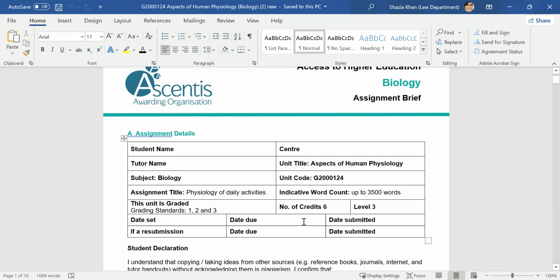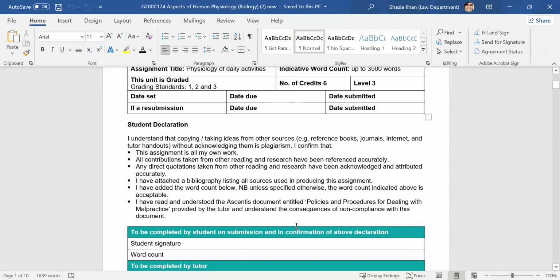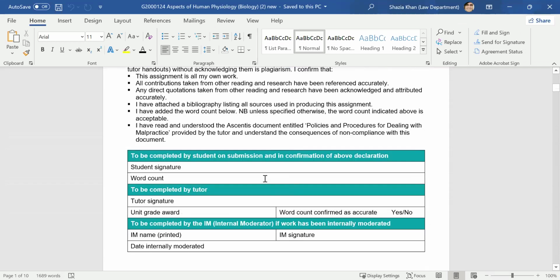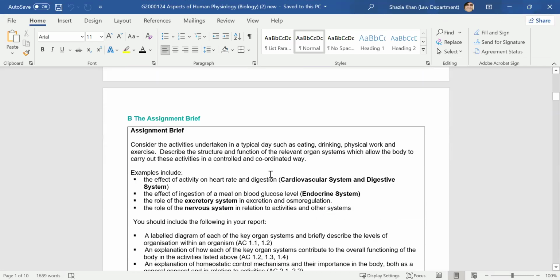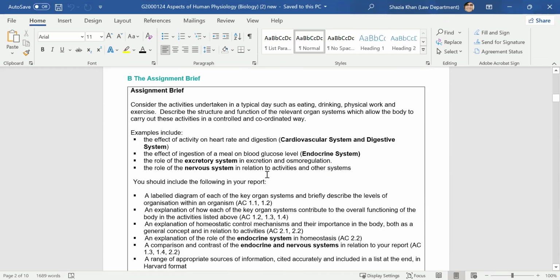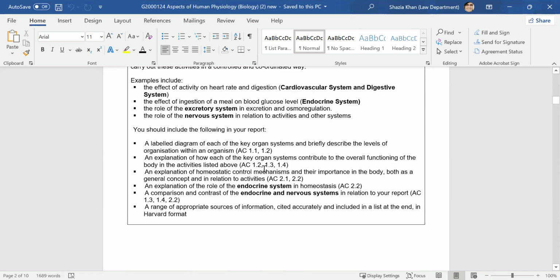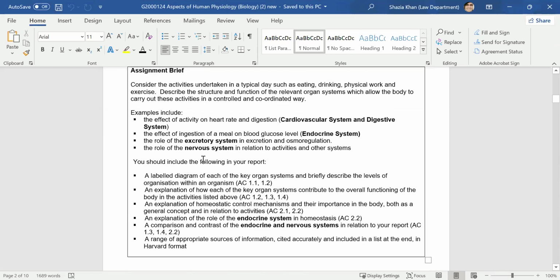This is on Moodle for you to have a look at. A lot of the information I've taken out anyway, and we could look at that separately. But this is how the assignment looks in regards to identifying the different aspects of human physiology. It looks at your signature, it looks at completed by the tutor, and it also looks at the assignment brief, what is expected of you when it comes to doing the assignment, and examples of that.